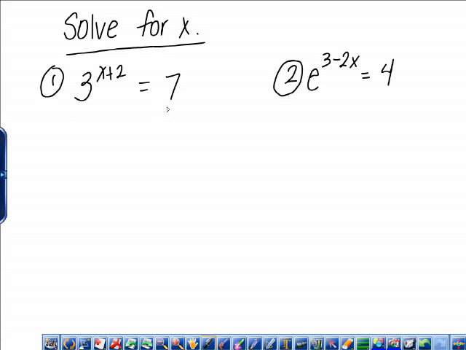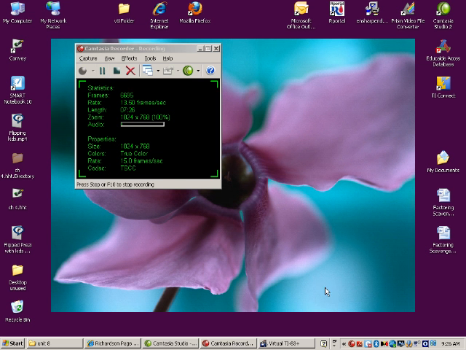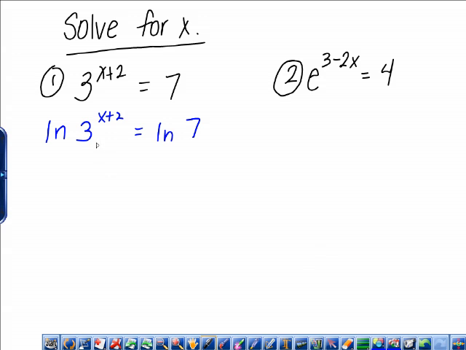So what we're going to do is take natural log of both sides. So I'm going to take natural log of 3 to the power of x plus 2, and that's going to be equal to natural log of 7. And from here we're going to use the log properties.